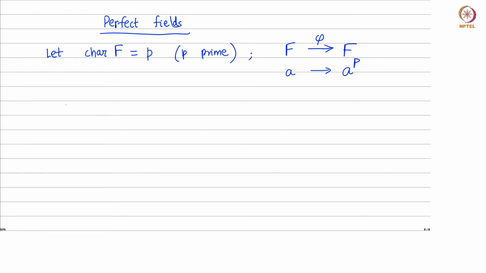Now observe that this map is actually a field homomorphism. So claim, or observation, fact: observe phi is a homomorphism of fields. Okay, well, what do we have to check?